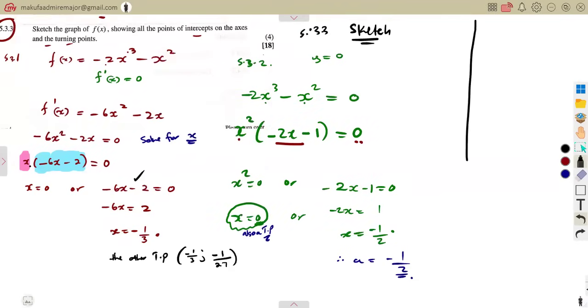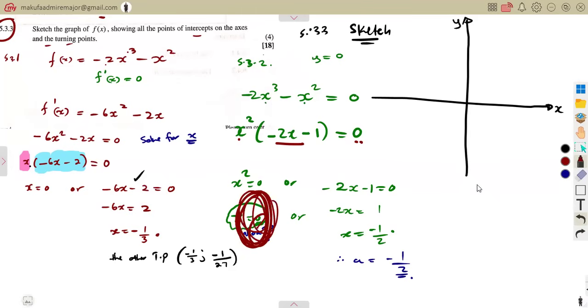If you are to consider this one, it is a function that is important to consider closely, because like I said, on the solutions here, one of the solutions is also a turning point. At 0, there is a solution and it's also a turning point.